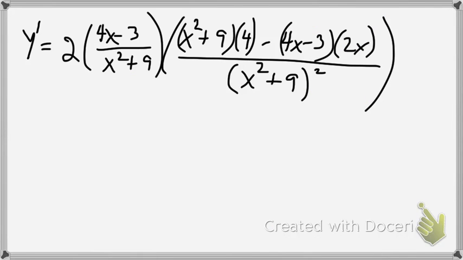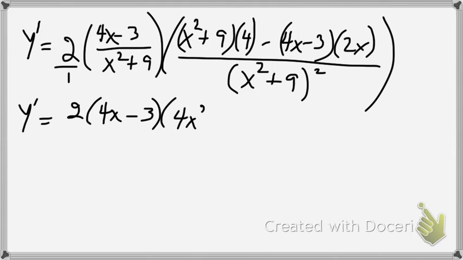Okay, well, that 2 out front is the same as 2 over 1. So I do have 2 times 4x minus 3. I can leave the 2 out here if I want, or I could distribute it. Now, on the inside up top, I've got 4 times x squared, 4 times 9.